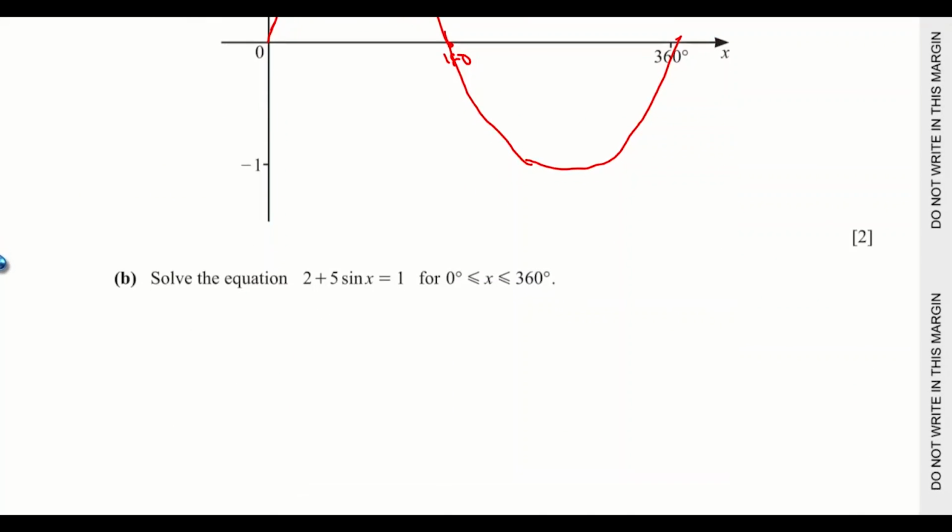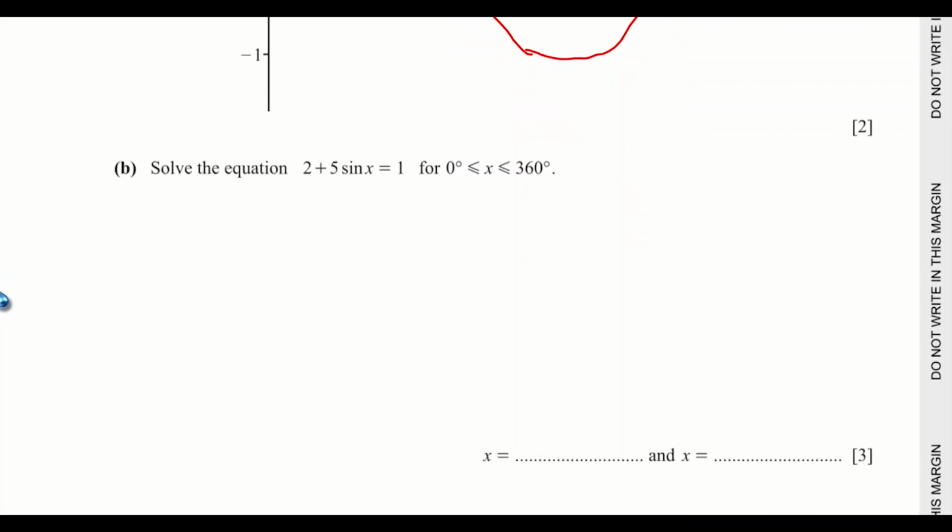Part B, solve the equation 2 plus 5 sin x equals 1. From here we can subtract 2 from both sides, so this leaves us with 5 sin x equals 1 minus 2, which is -1, then sin x equals -1 over 5.